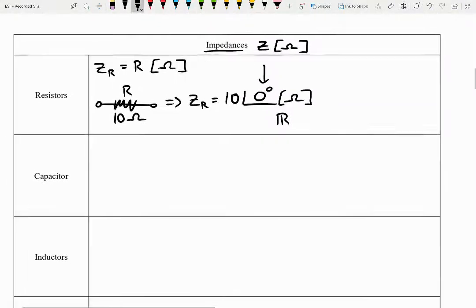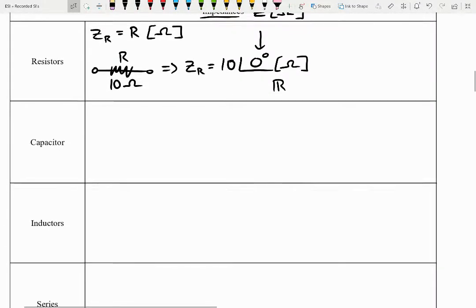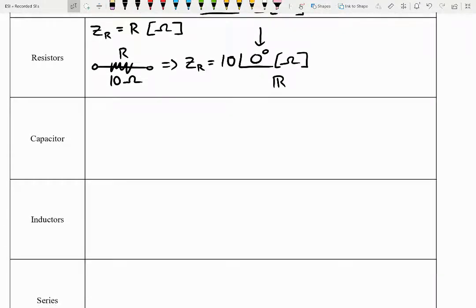Let's go take a look at a capacitor. It's going to be a little bit different now. So for a capacitor, we use this concept called ICE. And for inductors, we use it for ELI. And a way to remember this is ELI the ICEman. And each one of these has a meaning.